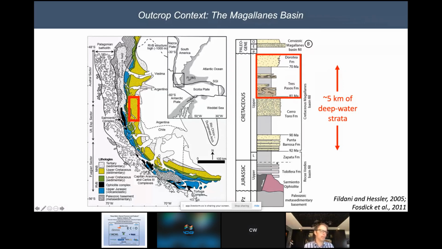As a result, we have over 5 kilometers of deep water stratigraphy in the foreland basin fill, all the way through the Cretaceous. It finally closes through a final phase of basin filling, and this Tres Pasos formation is what I'm going to focus on, but it is linked genetically to the overlying Dorotea formation, which is a shallow marine deltaic system that closes that deep water history of the basin before a major unconformity at the bottom of the Cenozoic.